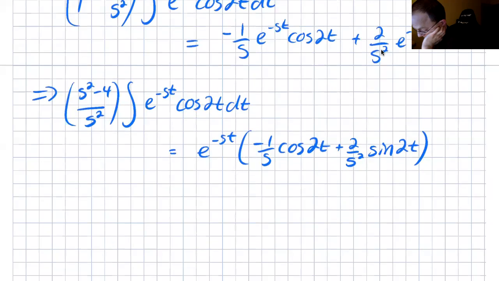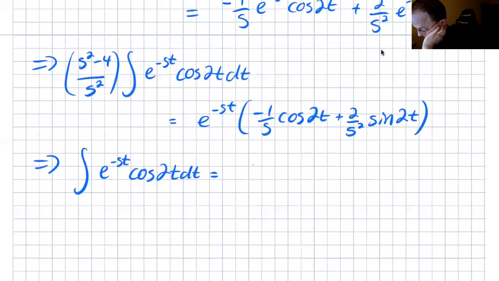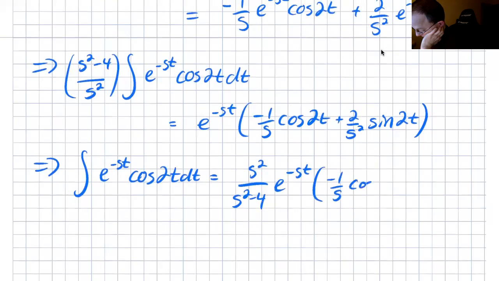Okay, and so therefore we get s squared over s squared minus 4 e to the negative st times negative 1 over s. Oh, yeah, I could simplify this.